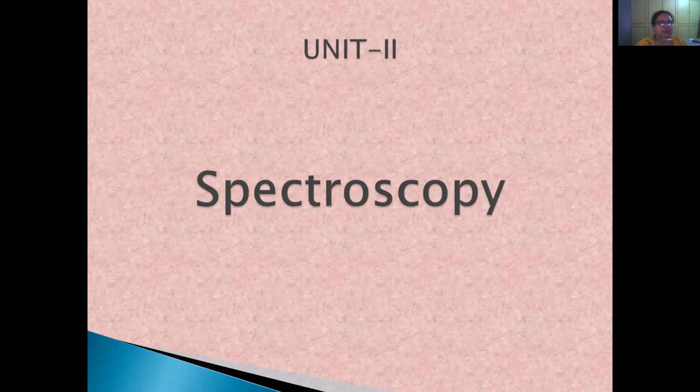So first thing is, whenever the structure of a molecule or atom is to be determined, what should we do? So we study spectroscopy to determine the structure of the molecule.